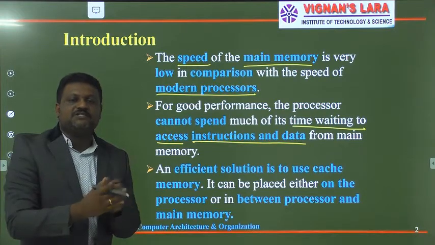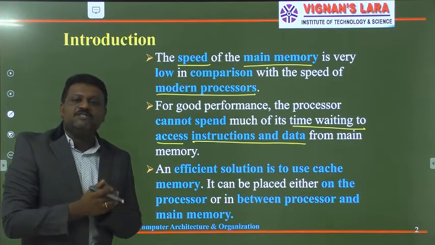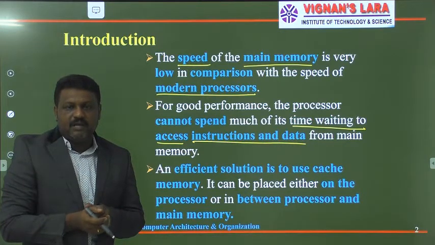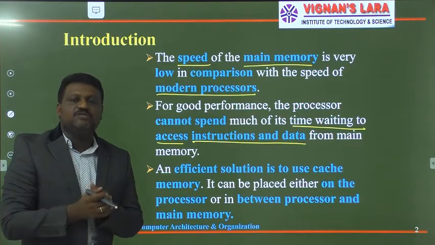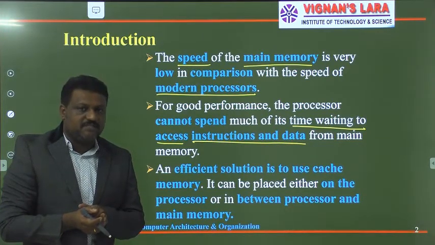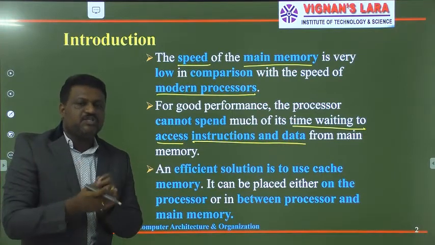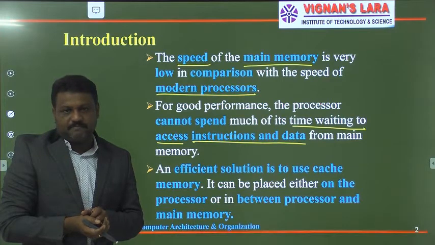Especially here we are focusing on memory elements. That's why in order to get a good performance from the computer system, we have to reduce the time of the central processing unit to access the information from the memory elements. Here the information may be either instructions or data.